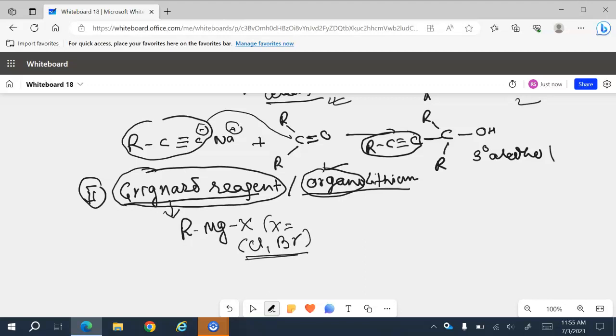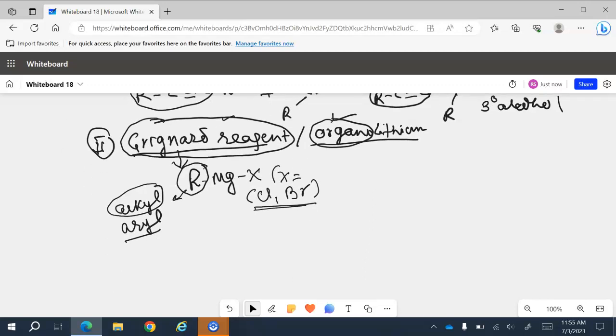And the R group that is attached to the magnesium can be either an alkyl group or an aryl group. Aryl means it's the benzene ring, right? Aryl group, the benzene ring, or any alkyl group can be attached to the magnesium. This type of reagent is called Grignard reagent.